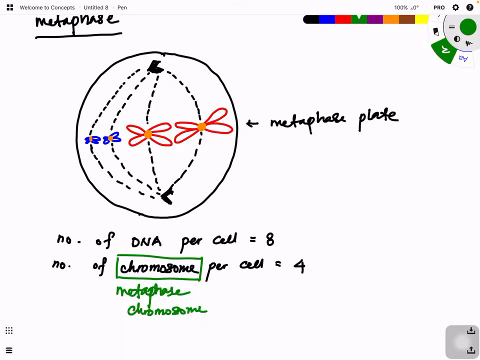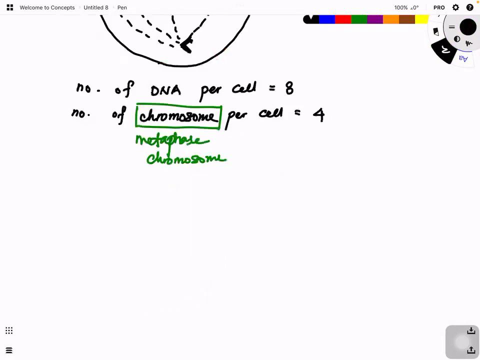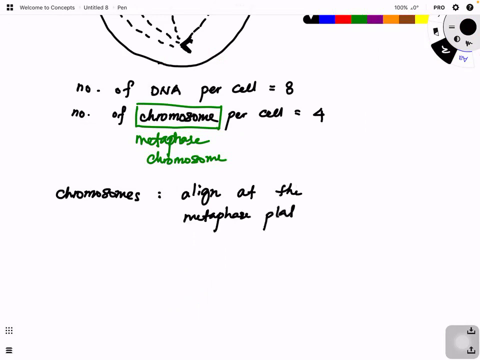Okay, we refer to metaphase chromosome. So what is the behavior of the chromosome now? They align themselves at the metaphase plate.